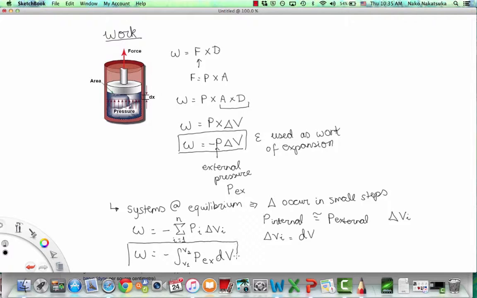What this means is that we're taking the integral from a particular volume V1 to a particular volume V2, but since this change is so small, we're writing it out as the derivative, dV. Since the system is at an equilibrium, this is also a reversible process. And from now on, we refer to the system.